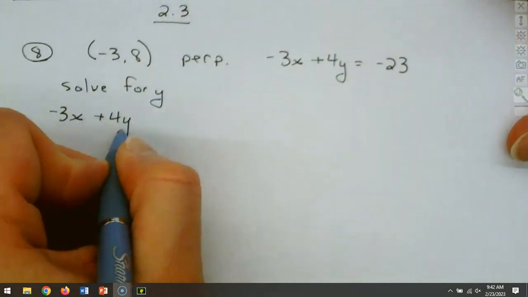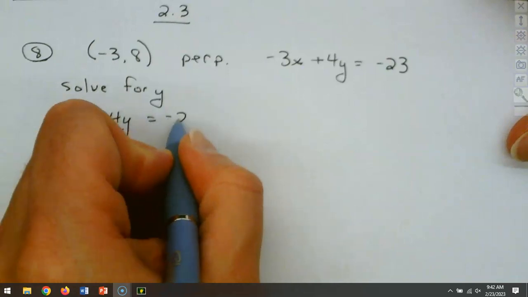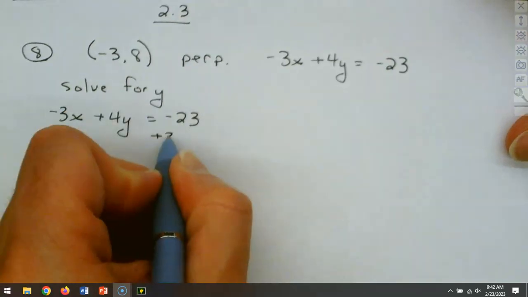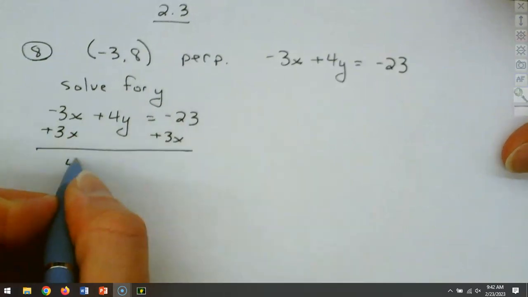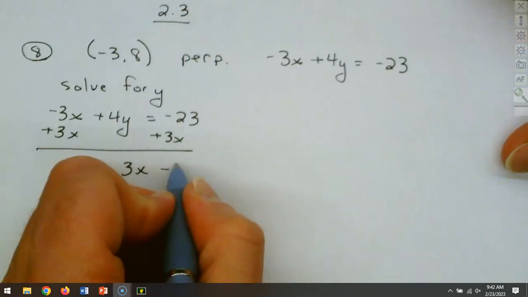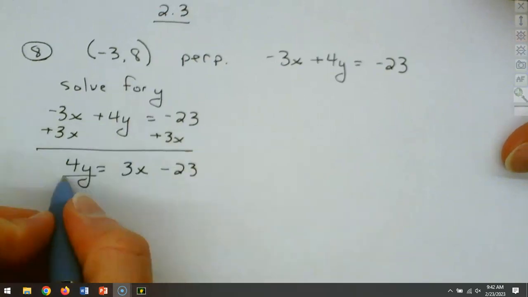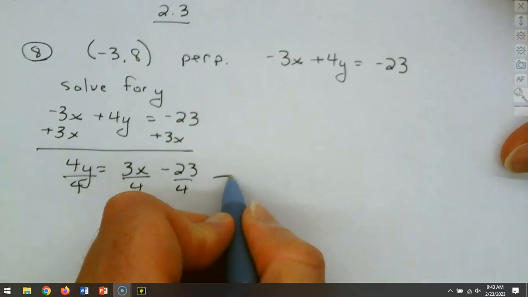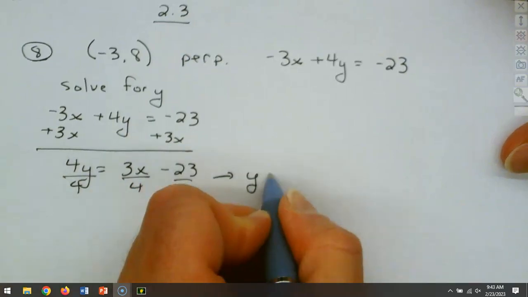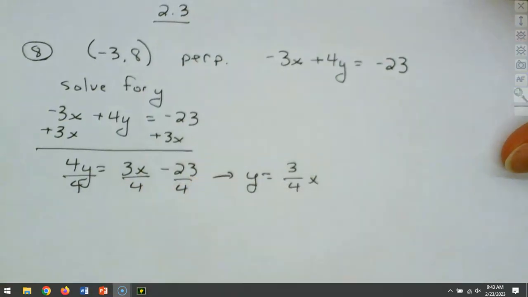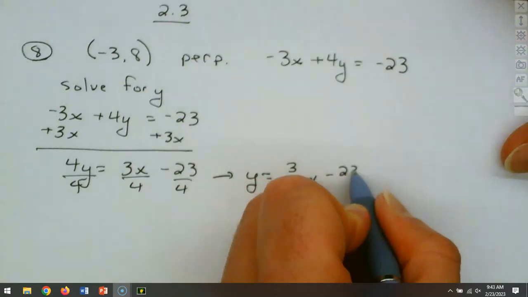Minus 3x plus 4y equals minus 23. So we'll add that 3x over. And then we've got 4y equals now 3x minus 23. And then we'll divide by our 4. Rewriting, that leaves me then with y equals now 3/4 x minus 23/4.